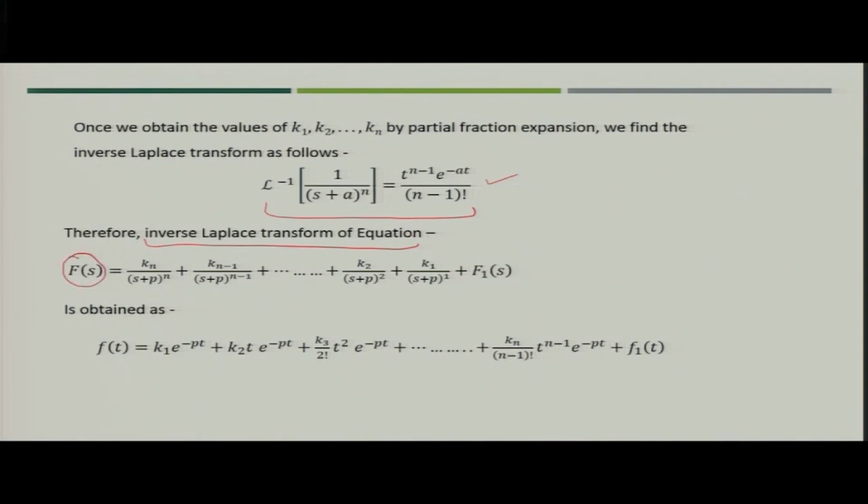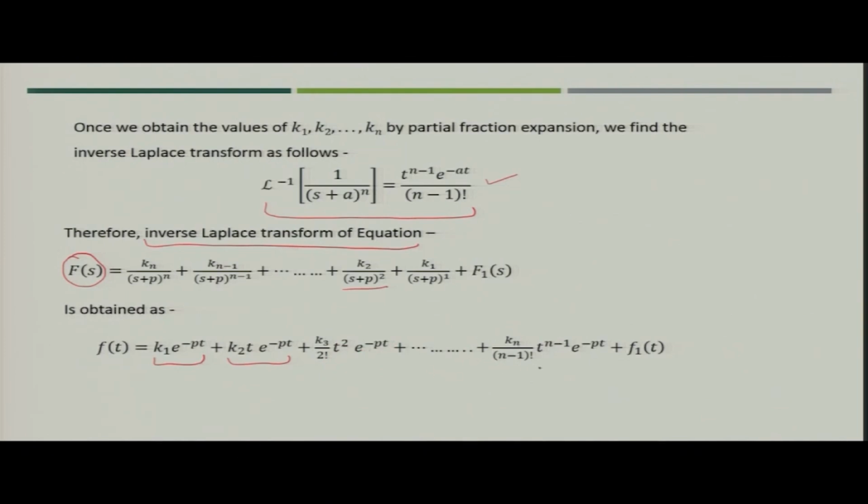If you compile the individual terms, for the first one you can simply write K1 into e to the power minus p t. For the second you can write K2 into t e to the power minus p t, and for the third term similarly you can write K3 upon 2 factorial into t squared e to the power minus p t, and so on.